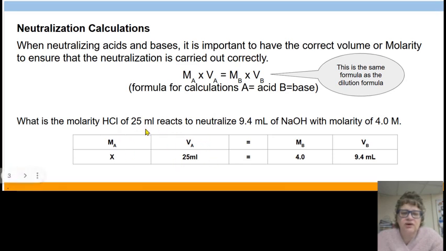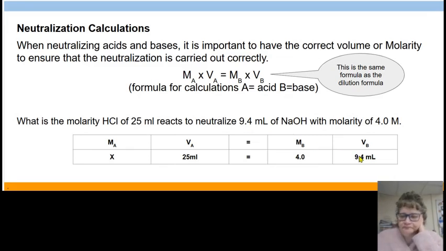Va is the 25 milliliters. The molarity of B, so the molarity of the base, is 4 molar, and the volume of the base is 9.4.